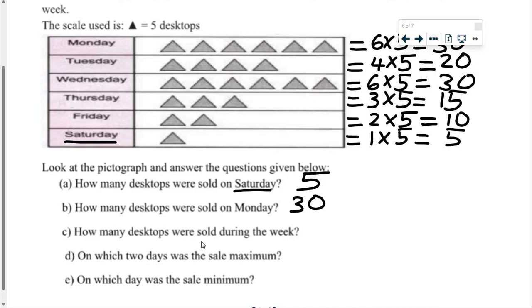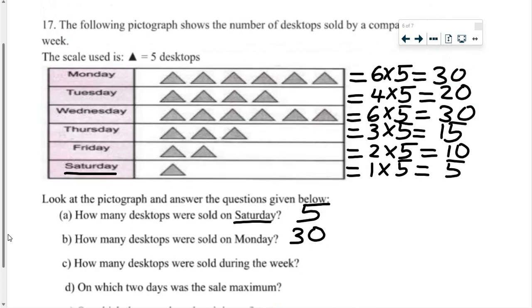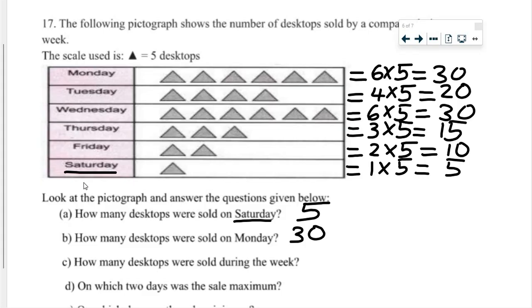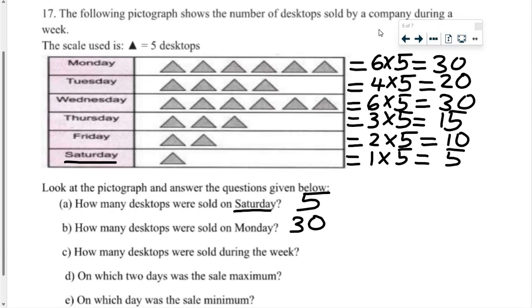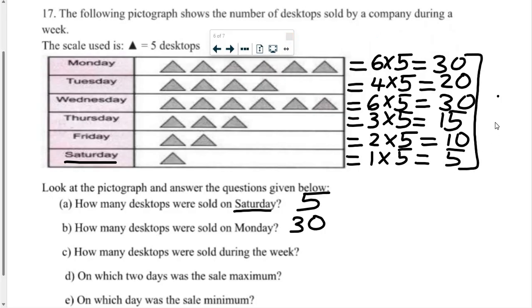How many desktops were sold during the week? Meaning Monday all the way to Saturday. So what you're supposed to do is to take all these numbers and add them.